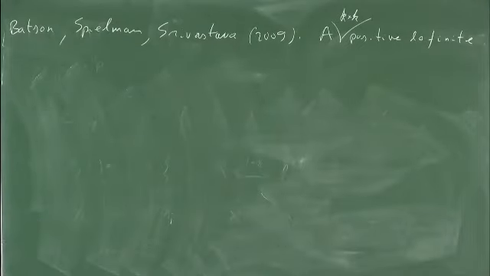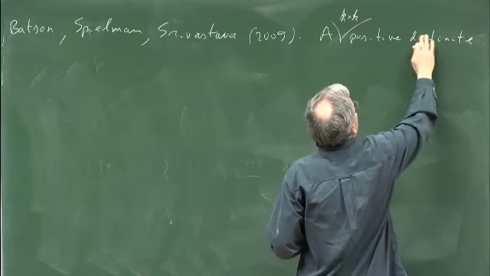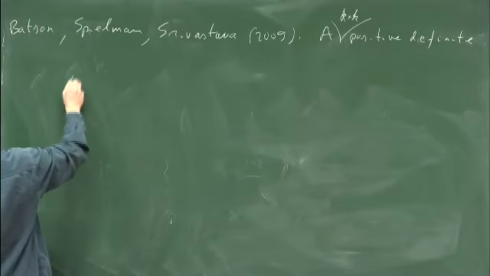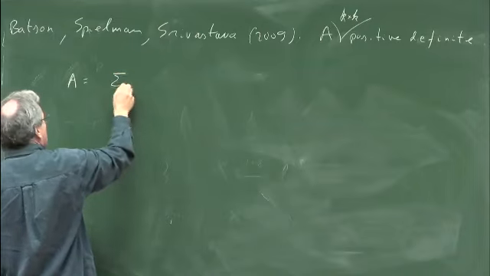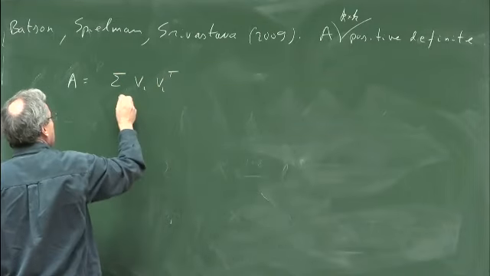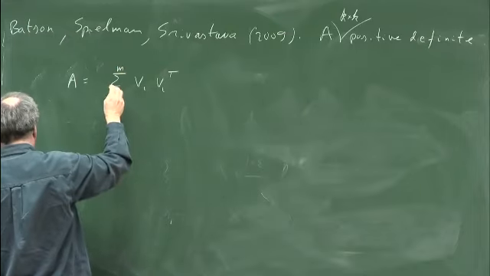I know that for most of you, positive definite is always symmetric, but any matrix like that can be written as a sum of v_i tensor v_i, for some vectors v_i, some m.